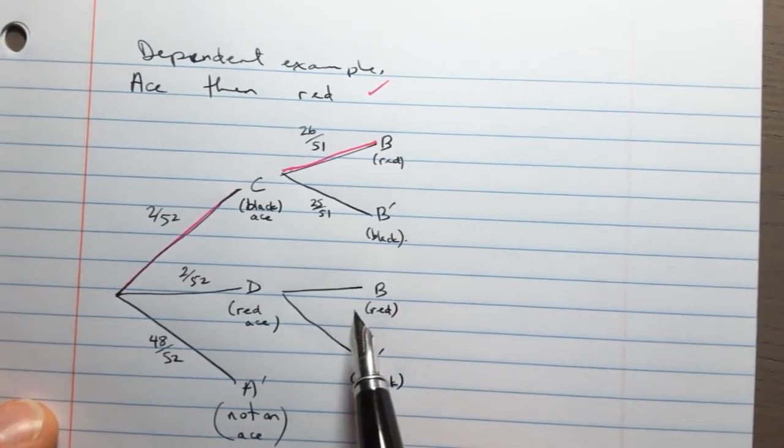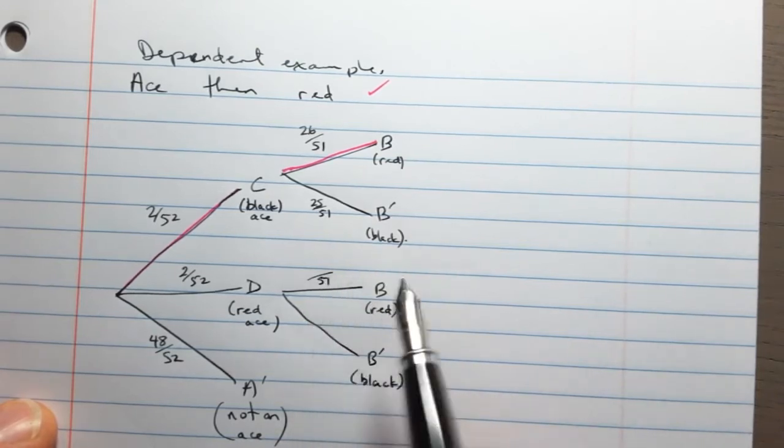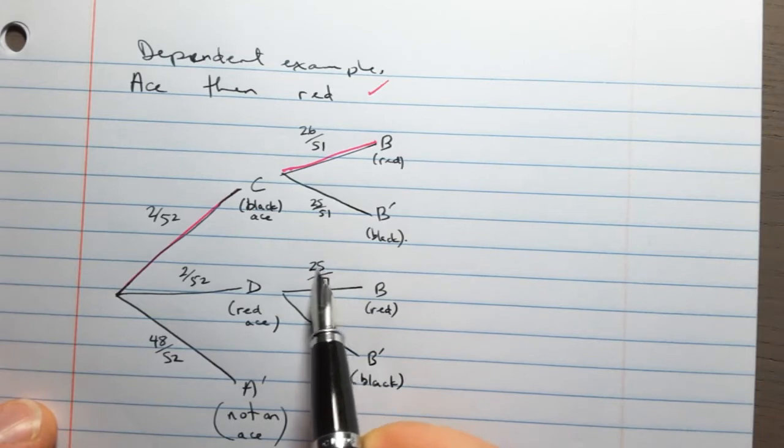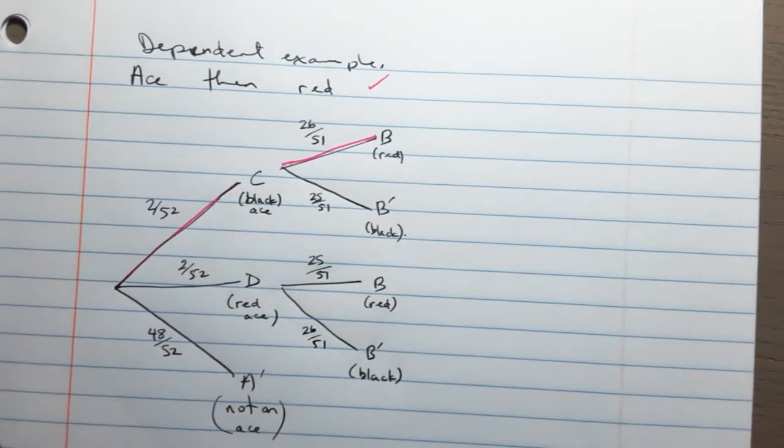The probability of getting this red card second, out of 51 cards, only 25 of them now are red because one of them was used up in this ace. 26 of them are black, which would follow that path, the one we don't need.